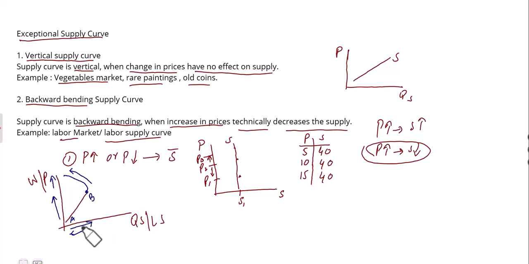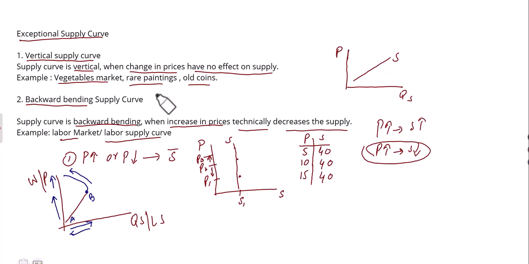The reason behind this negative or backward bending supply curve is that when you give too high wages to labor, then labor prefers to work less, because the basic motive of laborers for working is to earn more money.